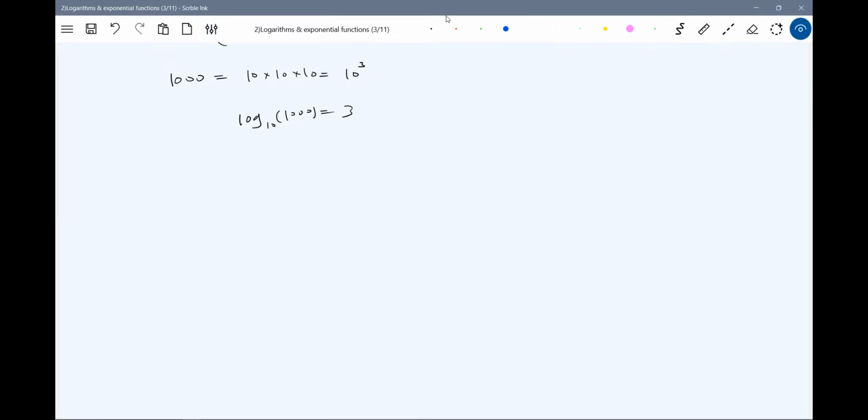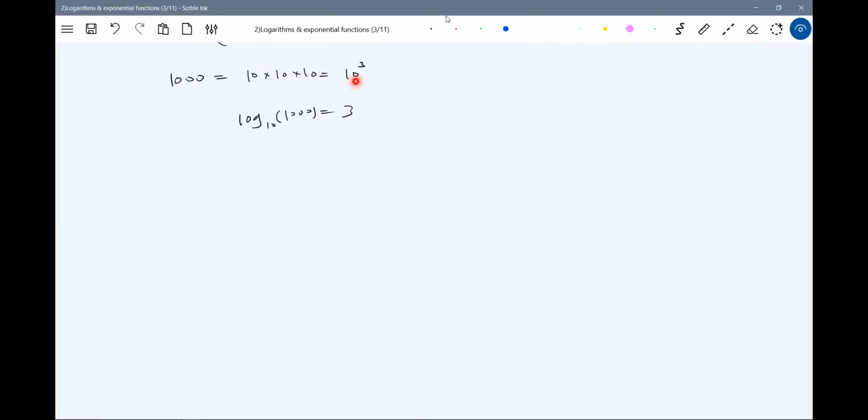So what does it mean? It's the same 1000. What do these 3 indicate? If you see again, 10 to the power of 3 is nothing but 1000.